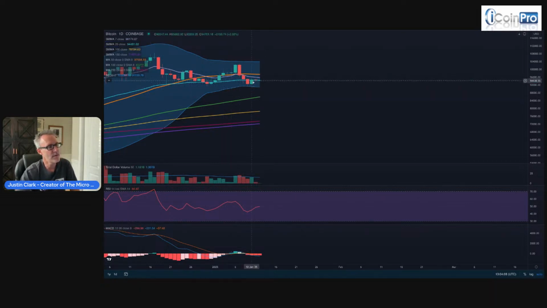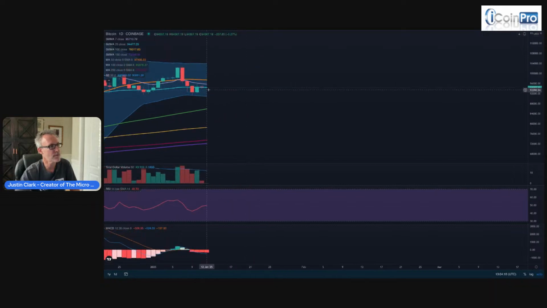We're struggling to get above it, and that's not awesome. We used this lower band of the Bollinger Band as support, but now the price is struggling to get above, and the Bollinger Band is starting to slightly open up here.